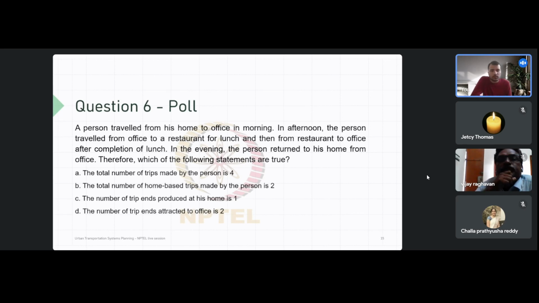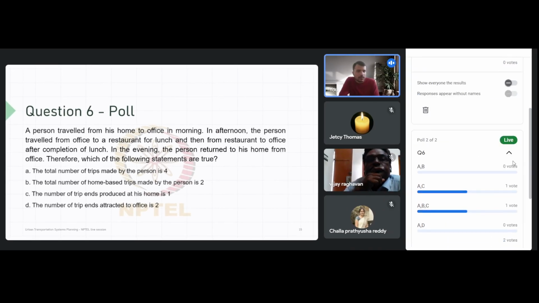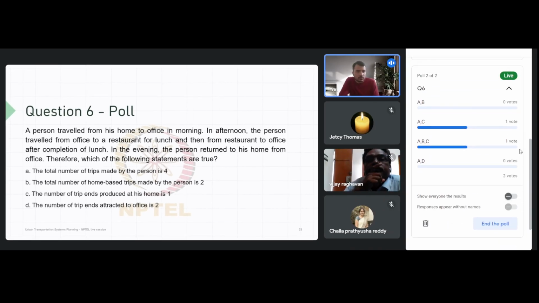Anyone else who wants to respond to this question? Give maybe one more minute, then we'll discuss the answer. Okay, so we have two responses in the poll.